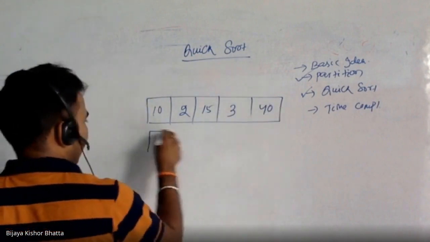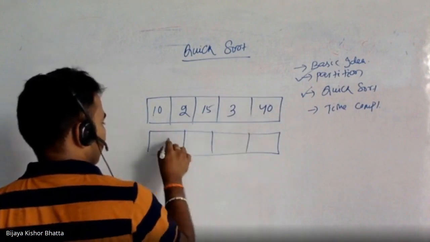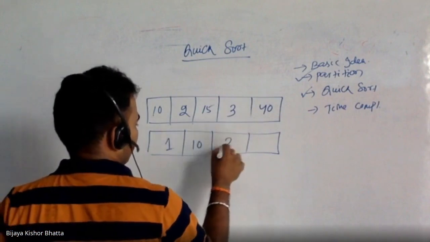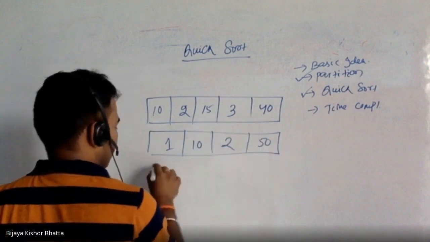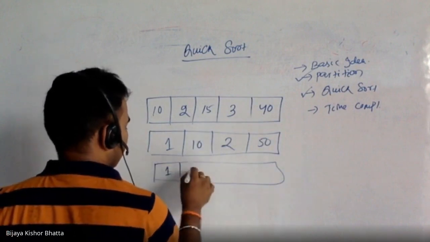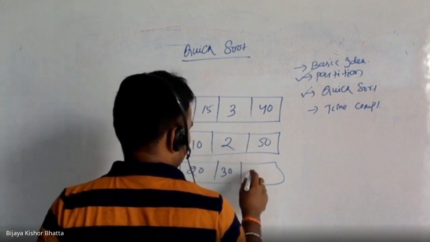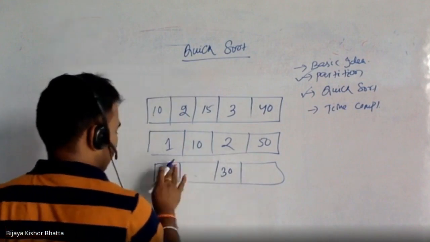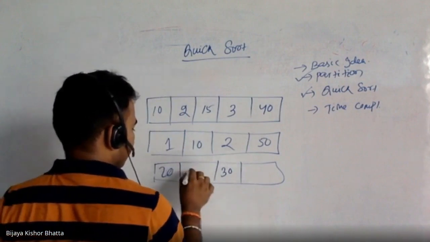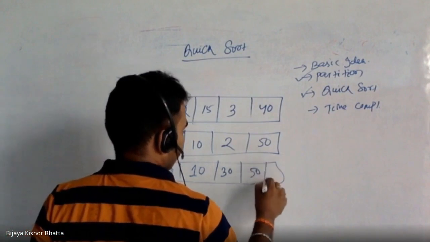There is one more array. Suppose this is 1, 10, 2, 50. Suppose there is one more array, which is like 1, 20, then 30, then maybe 20 here, 10 here, then 50, 40.